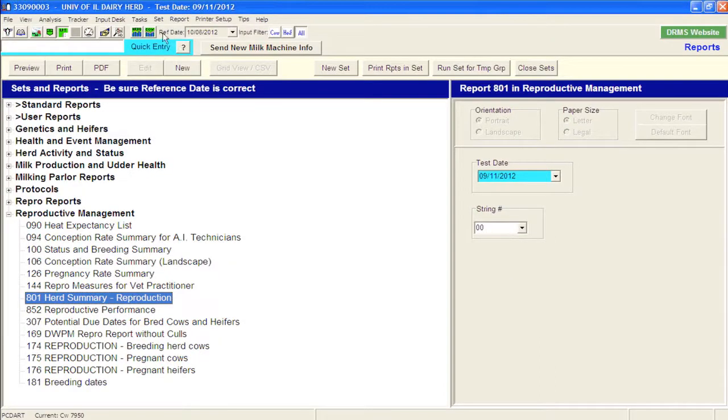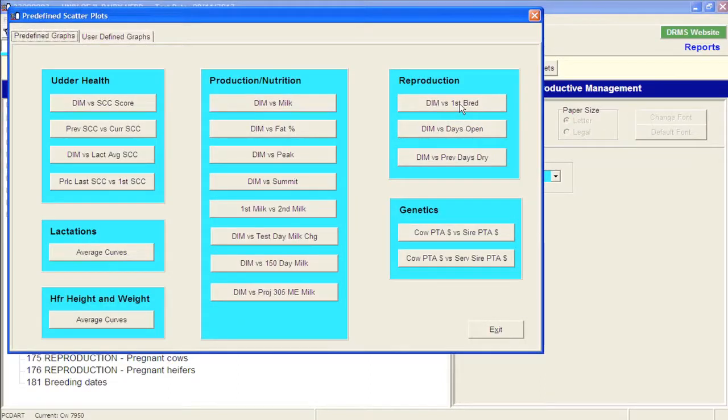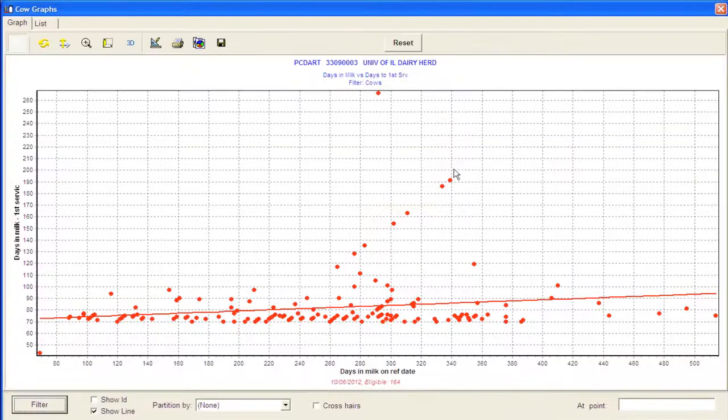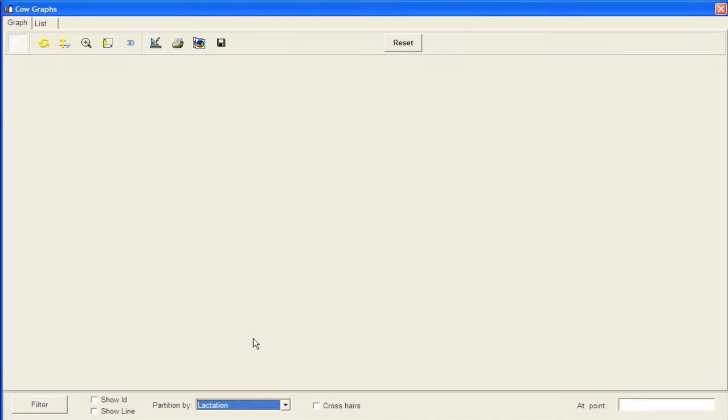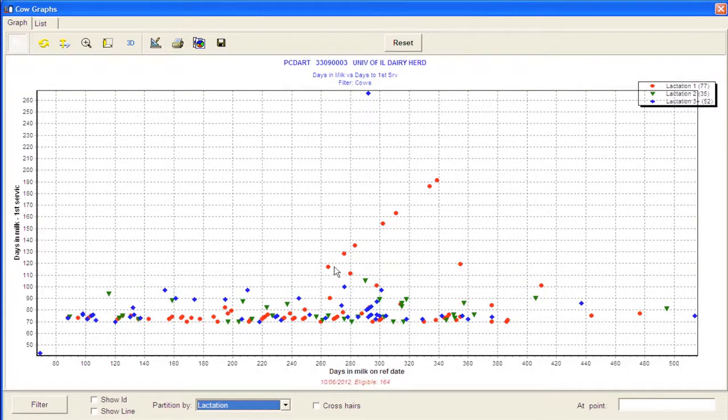The other thing I might look at then are these cow graphs from reproduction, days in milk as of first breeding. If we put that chart up, again, I'm going to uncheck the regression line and put it by lactation number. There you can see there's a string of first lactation animals that had their first service later.